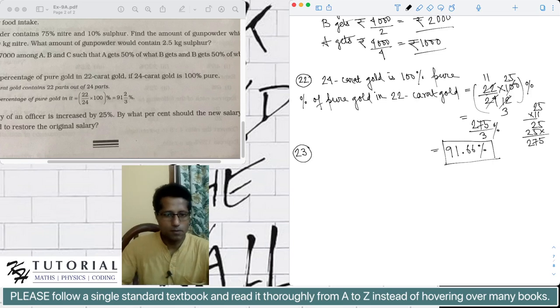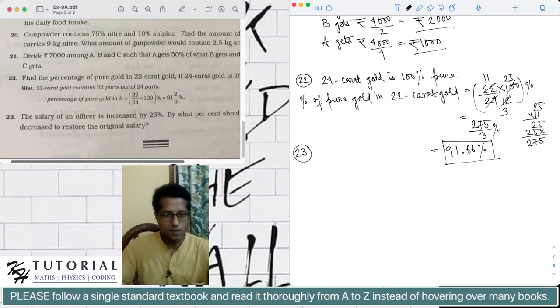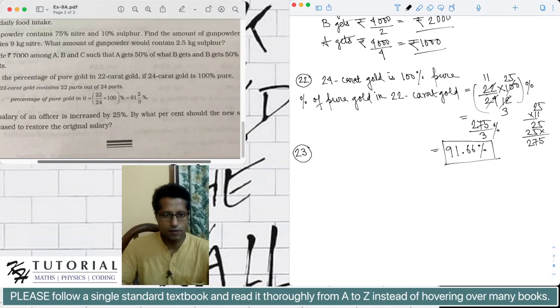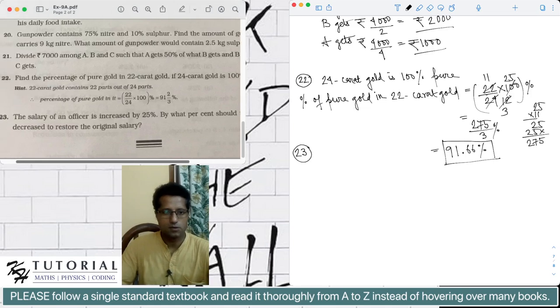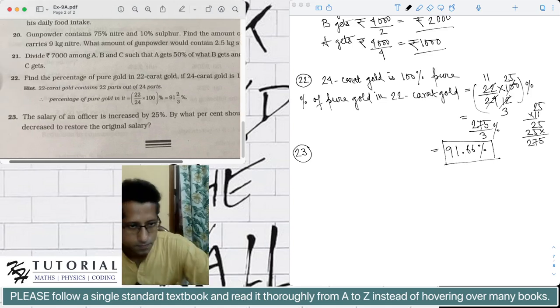Let's do problem number 13. The salary of an officer is increased by 25%. By what percent should the new salary be decreased to restore the original salary?